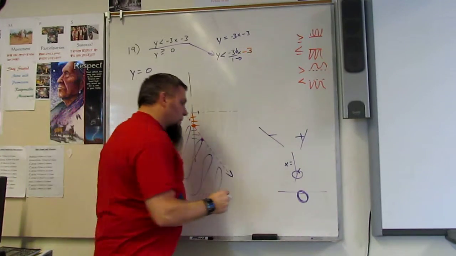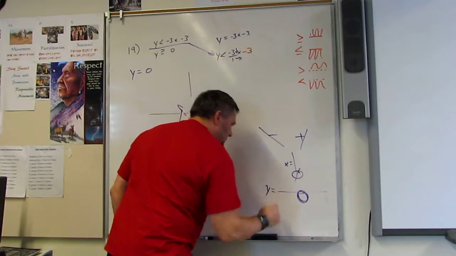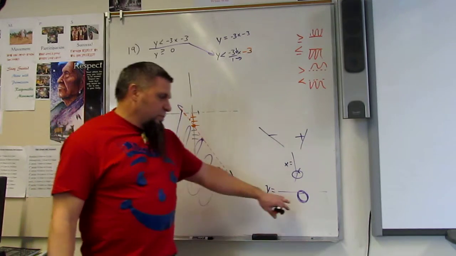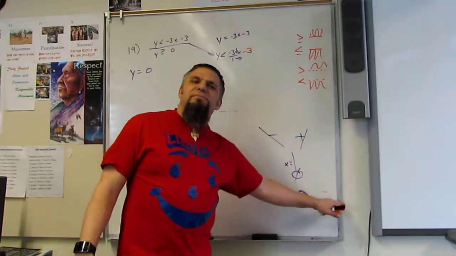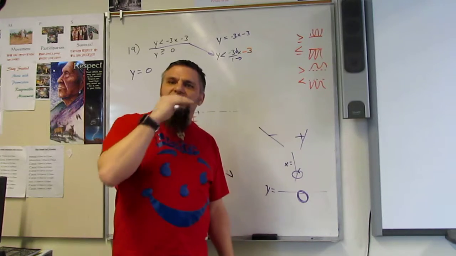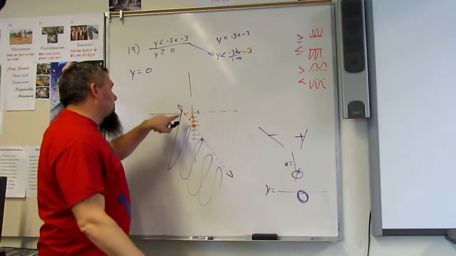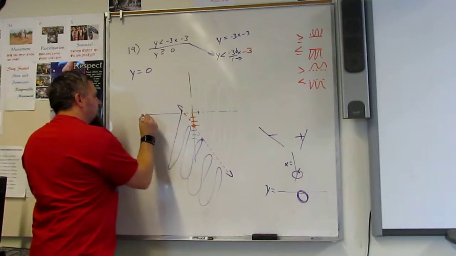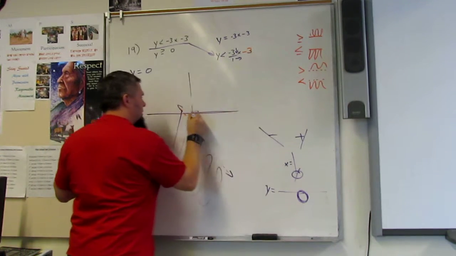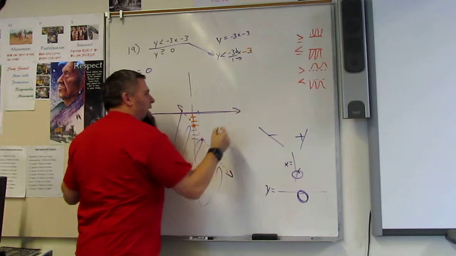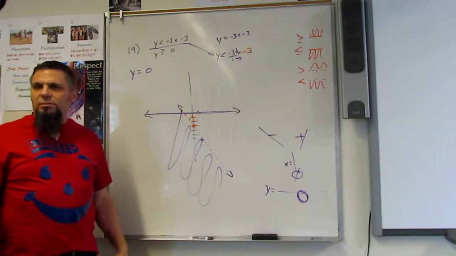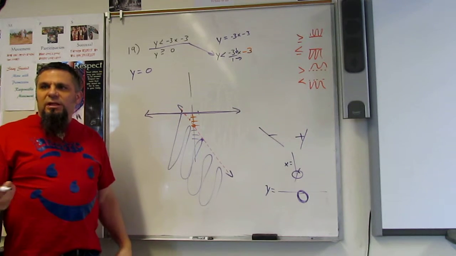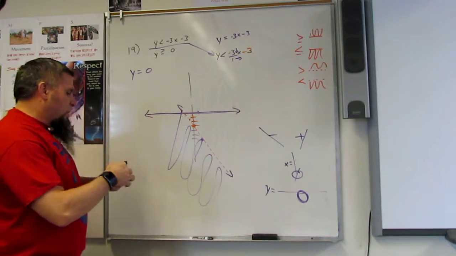It looks like the mouth is a 0 slope. In this case, y equals 0. So where is 0? It's right here. And this would be y equals 0. Does that make sense?